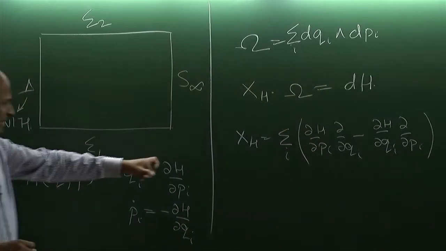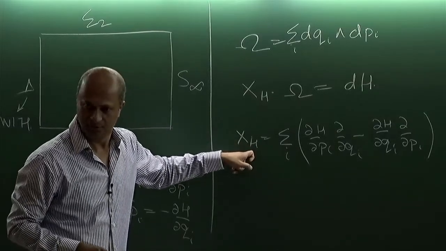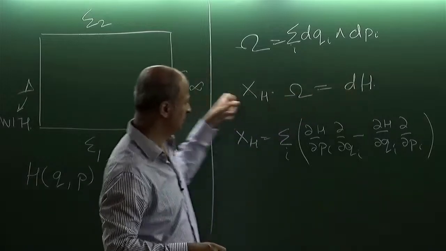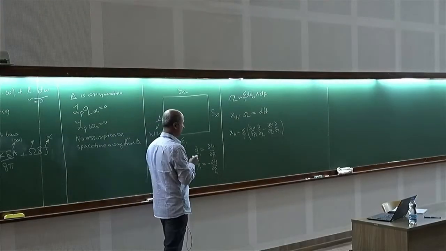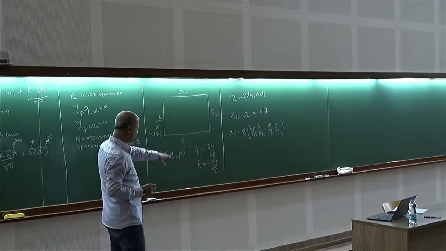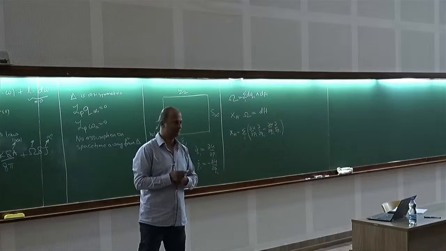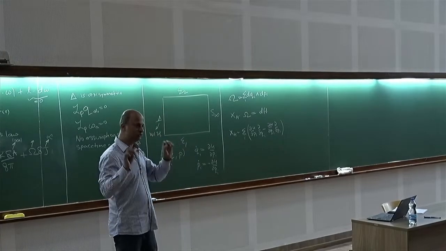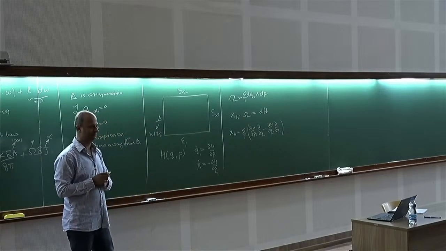This is known as a Hamiltonian vector field corresponding to this Hamiltonian H. And this is then the Hamilton equations of motion. So this is just a reformulation of the standard Hamilton's equations. And once again, I hope you have come across this in the lecture last week.